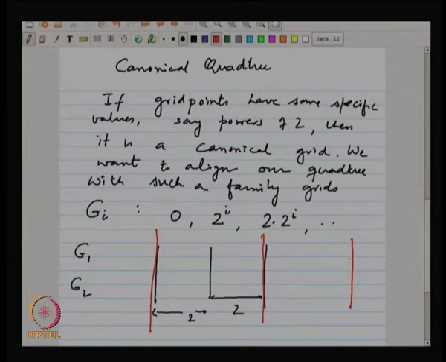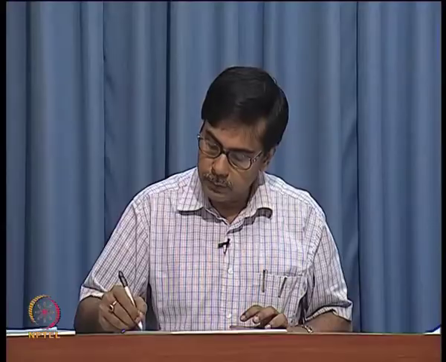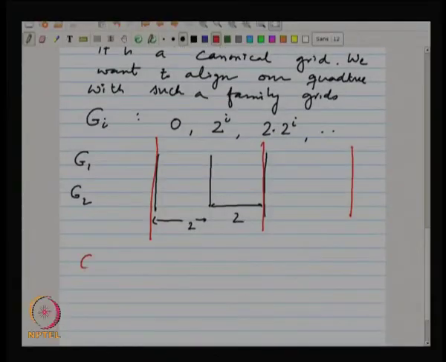So you are now getting G_i this way. What is the advantage? G_i is basically a subset of G_j, where j is less than i.